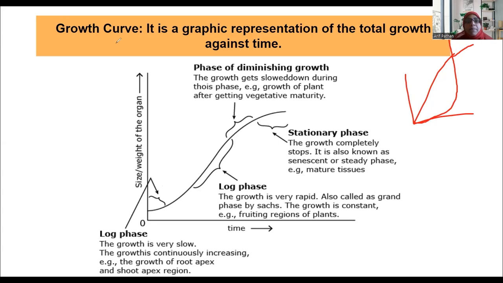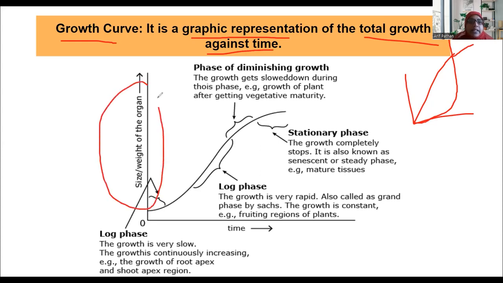Basically, a growth curve is a graphic representation when we want to study the total growth, that is the size or weight of the organ, with respect to time. Beginning with zero time and zero number of cells.